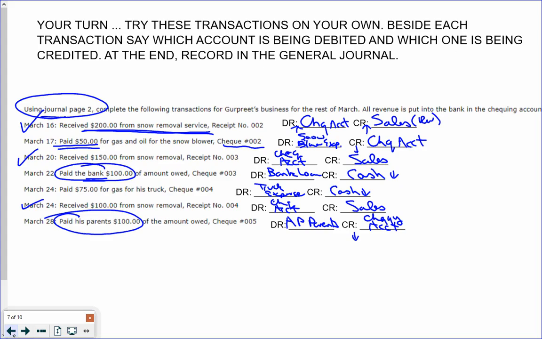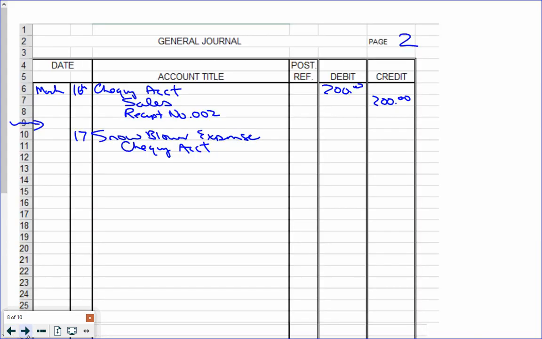It was for $50 and check 002. So the source document, check 002. And you would just rinse and repeat that process all the way through.